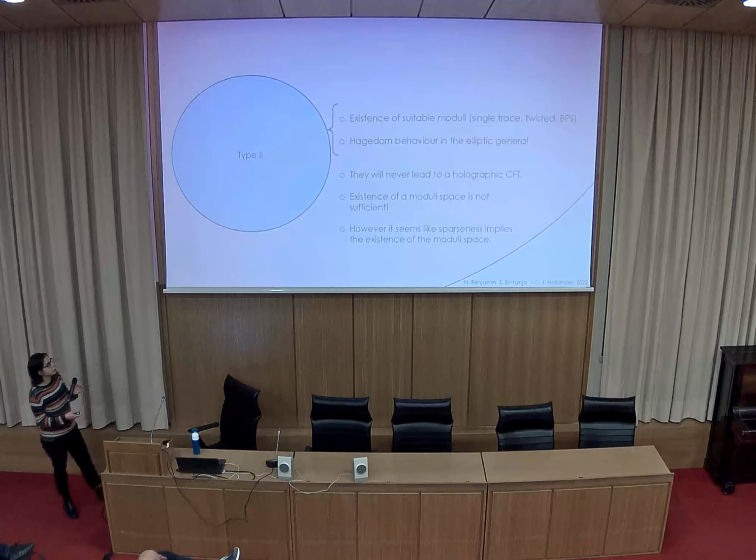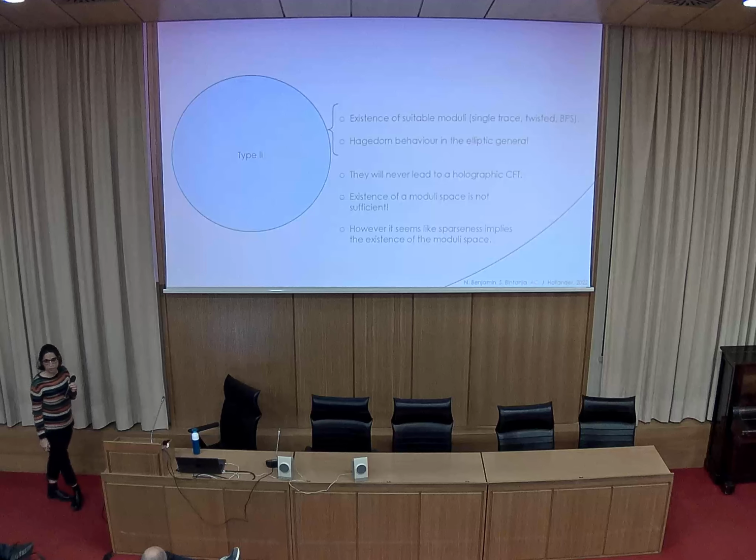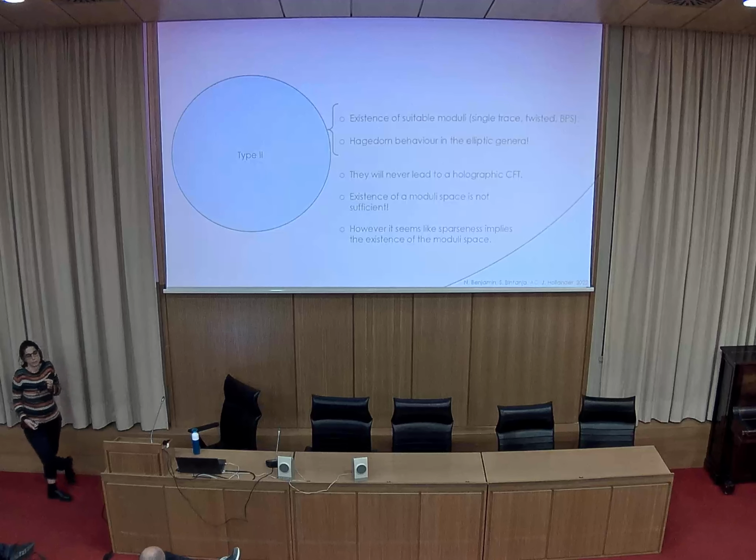It's kind of interesting also from the point of view of this criteria that demanding that you have a moduli space is not stringent enough, because you can still not meet all these properties. However, I should say that out of all our searches, if you first demanded that the elliptic genus was sparse, you always found that there was a moduli space associated to it, which you could have thought that there wasn't.